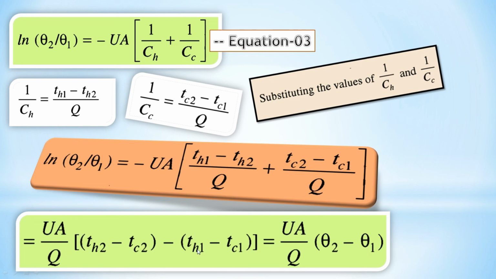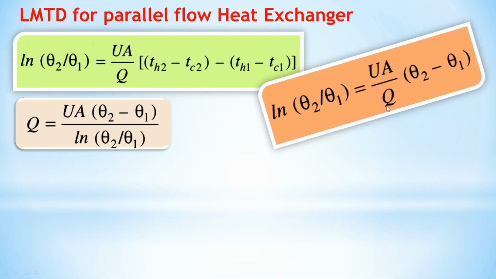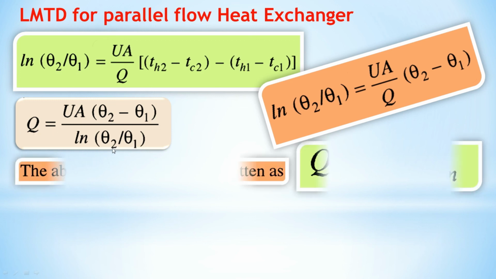This is the temperature difference theta 1 at the inlet side for the hot and cold fluid, and this is the temperature difference of both fluids at the exit side. Now we make Q the subject, and this term is in the denominator. Through cross multiplication, Q equal to UA times theta 2 minus theta 1 divided by ln theta 2 by theta 1.